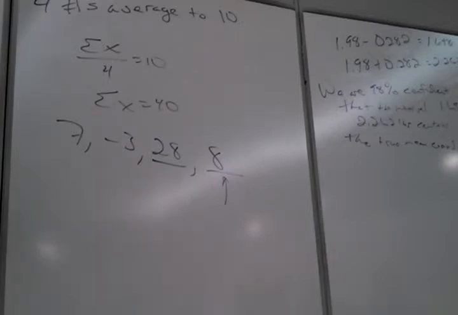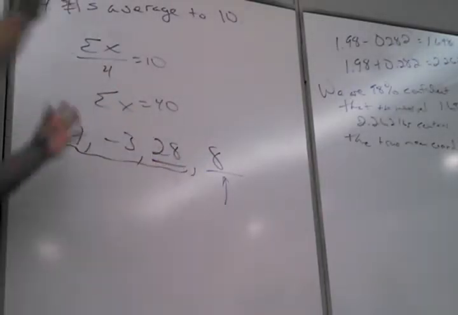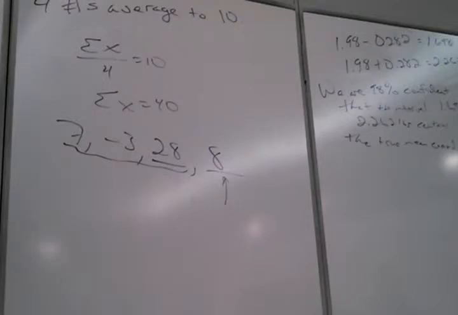So the idea is almost too simple, but this is why we have this thing called degrees of freedom. If I have 4 numbers, how much of them am I free to just make up? 3. And then the last one's got to be the one that actually ties it together. So if I have a list of 11 things, the sample size is 11, degrees of freedom will be 10.